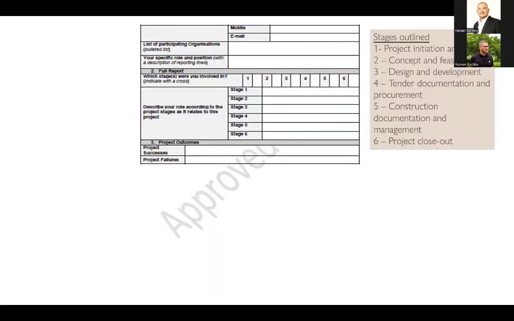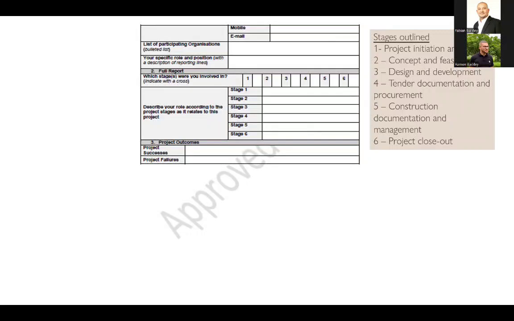And then once again, continuing, we've got the mobile number, email of the client, and list of participating organizations. For example, a typical example is on a project that I've worked on. We've got SACCA, which is obviously the scope owner, or the project owner, plant owner.